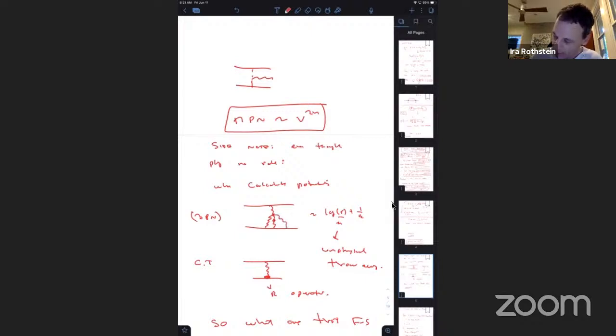And if you calculate these diagrams, you'll find that they're actually log divergent. The potential should clearly be finite, so these are actually ultraviolet divergences. If I calculated using dimensional regularization, I would find some 1 over epsilon pole when I calculate this diagram.